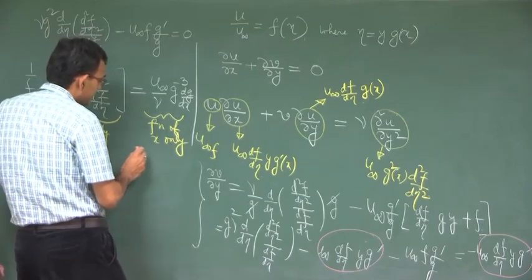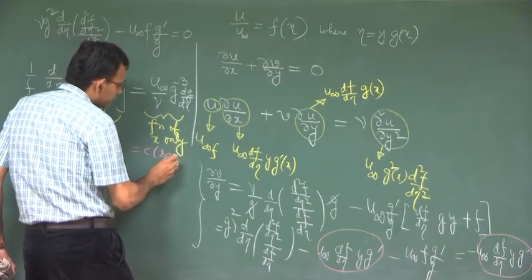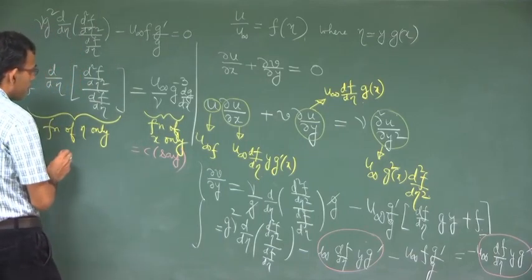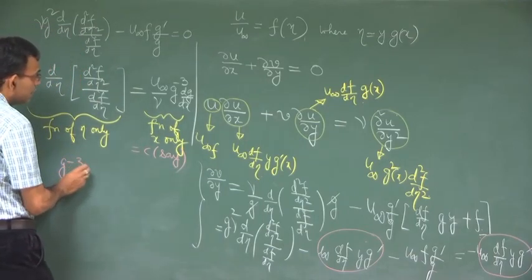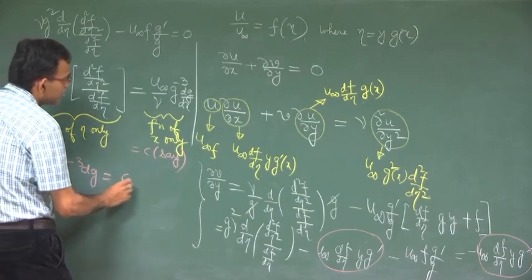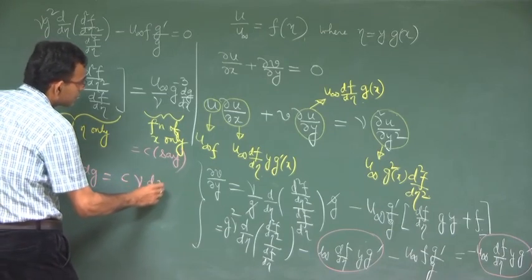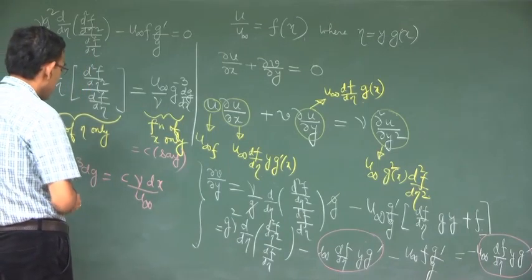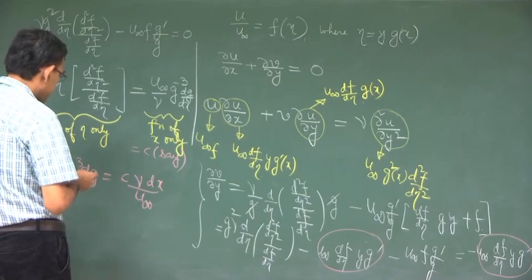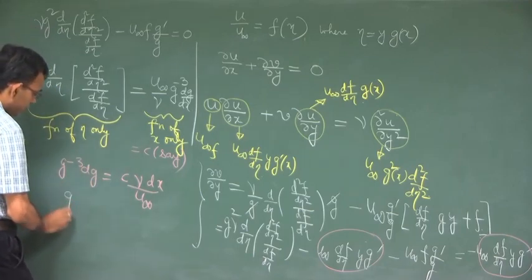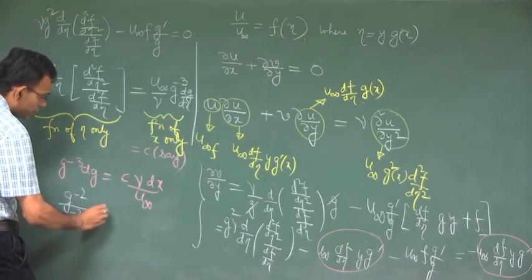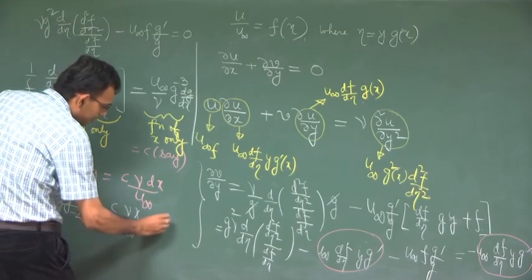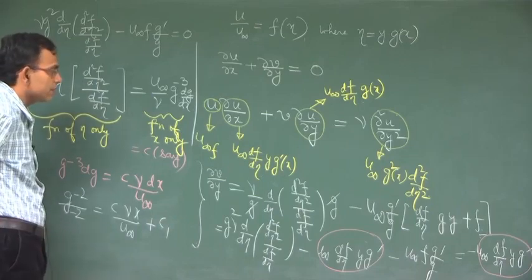This implies this is equal to c. So, g to the power minus 3 dg is equal to c nu dx by u infinity. So, if you integrate it, then it will become g to the power minus 2 by minus 2 is equal to c nu x by u infinity plus some constant c1.